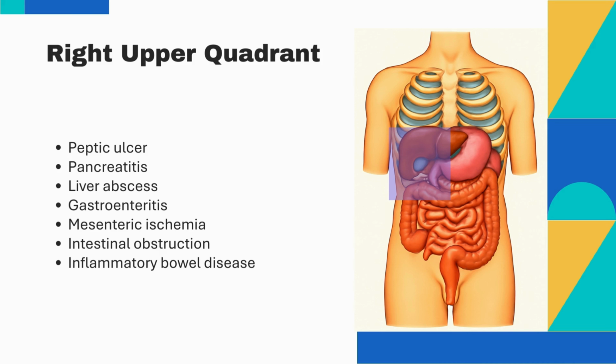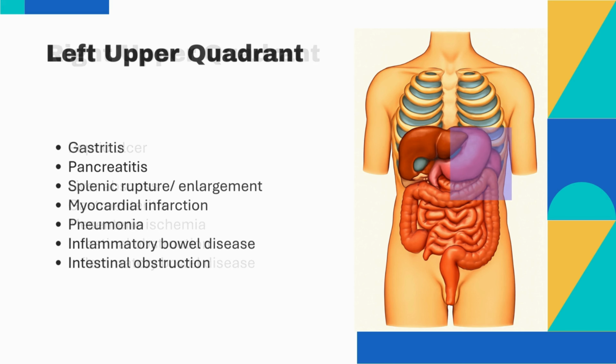Common conditions include peptic ulcer, usually with burning epigastric pain; pancreatitis, radiating pain to the back, often severe; liver abscess, fever with right upper quadrant tenderness; gastroenteritis, diffuse pain with diarrhea and vomiting; mesenteric ischemia, severe disproportionate pain. Intestinal obstruction or inflammatory bowel disease can also present here. Pain here can point towards hepatobiliary or gastric causes.